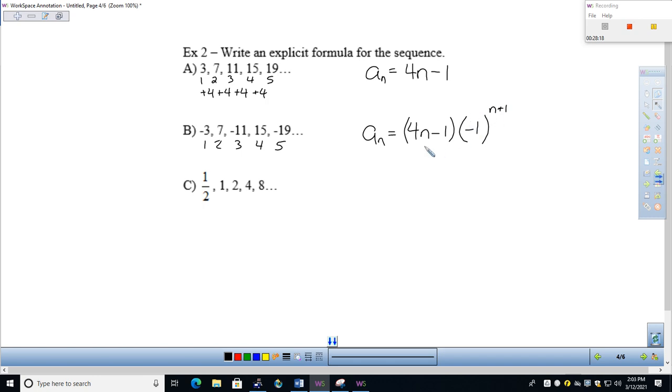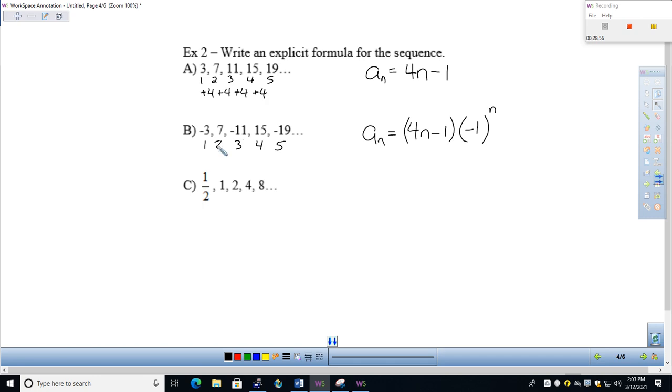That would keep me at positive 3 here. So the question is, how do I switch it to negative? The trick is just to take away the plus 1, because negative 1 to the first is just negative 1. Now I've got negative 1 times that expression that gave me the numbers. And so that should do it.